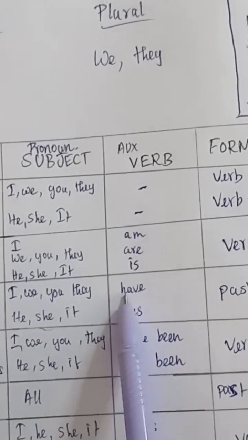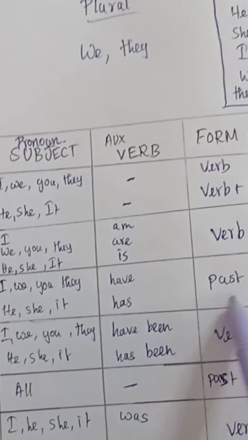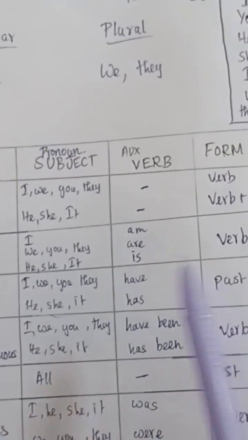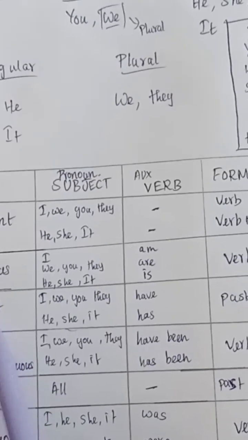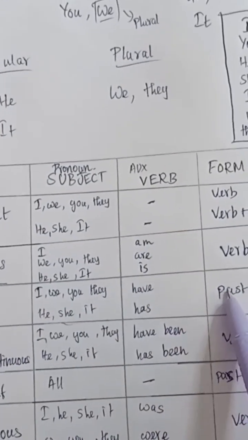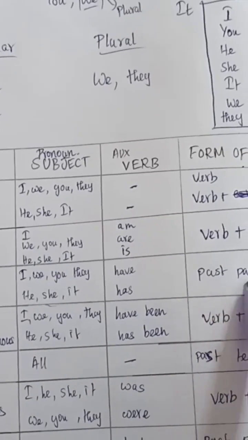So I have, and the next word should be a past participle. When it is coming in perfect, we have to write it in past participle. I hope you know what is past participle.